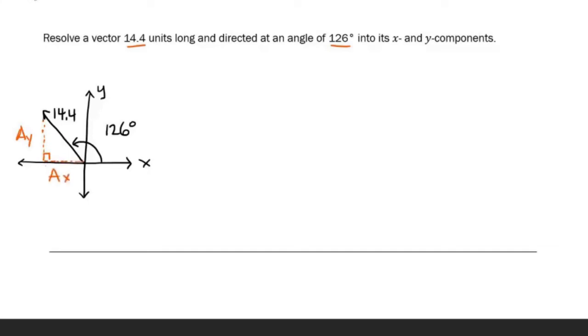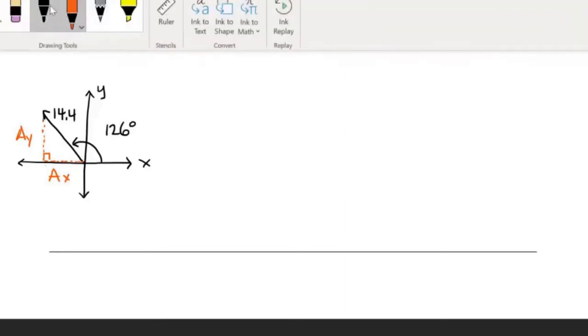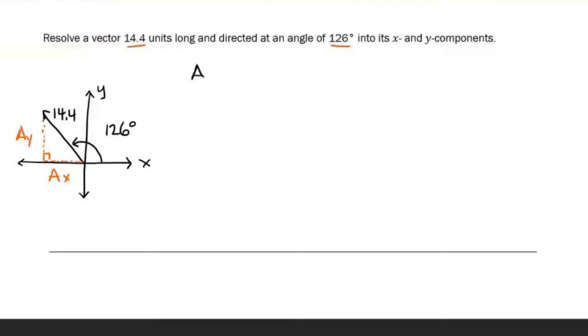Let's start with the formulas that we looked at on the previous slide. The y component of the vector is the magnitude of the vector, so 14.4, times the sine of its angle, whereas the x component is the magnitude of the vector times the cosine of its angle.